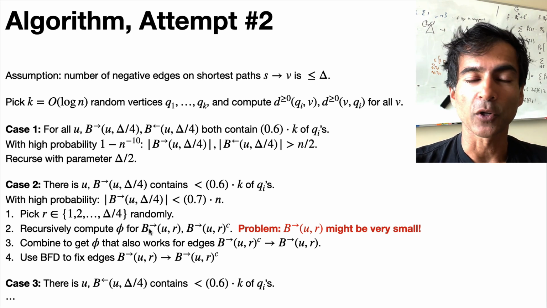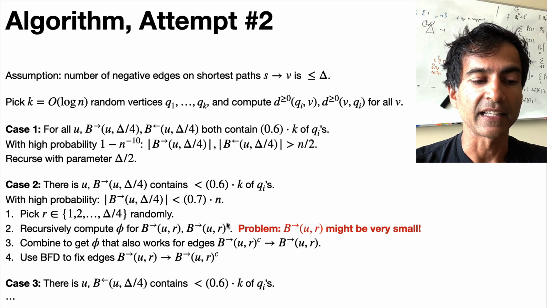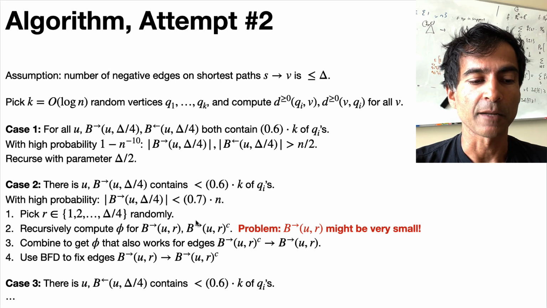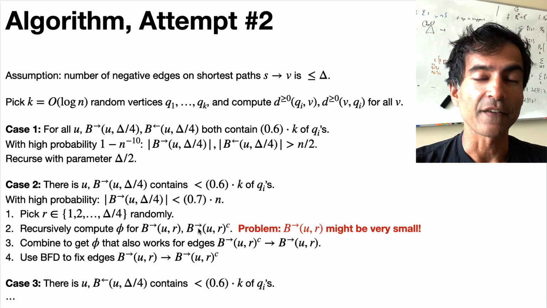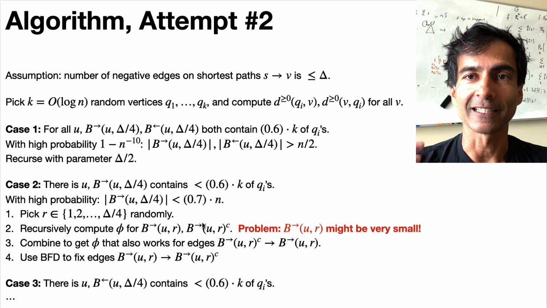But it might be very small. And in that case, this ball, for example, might contain n-1 vertices. And if it does, the depth of this recursion becomes n. And so we're not really making enough progress to get a linear time algorithm.